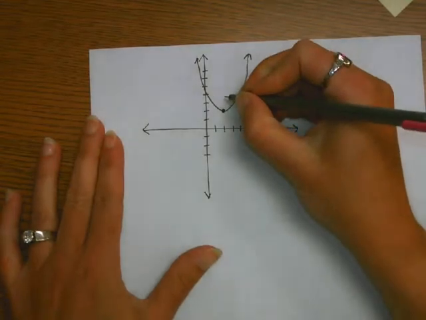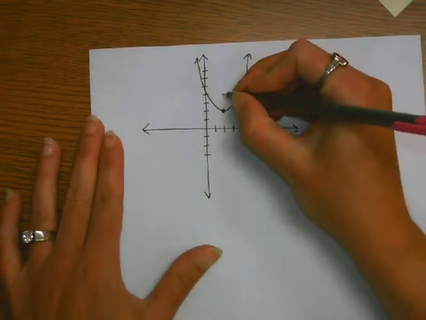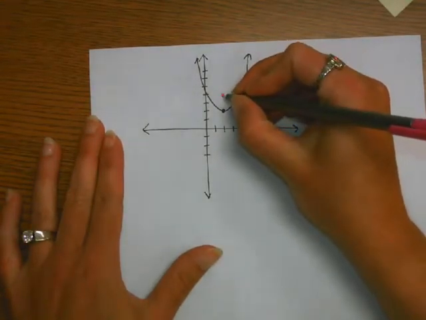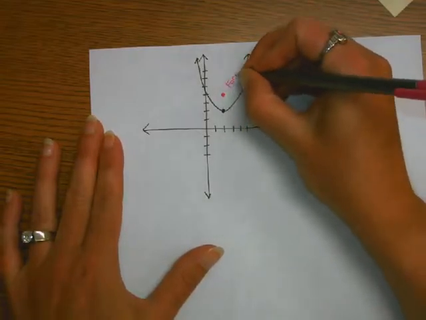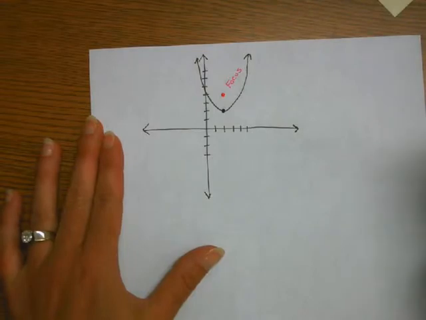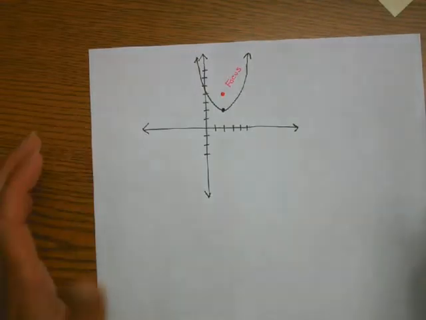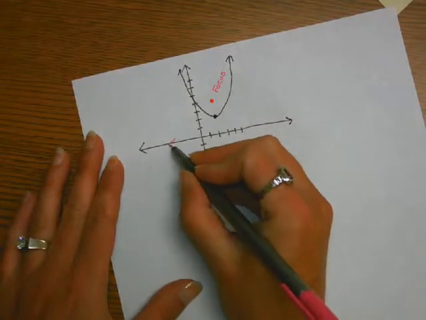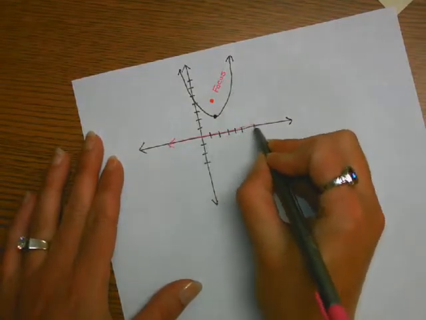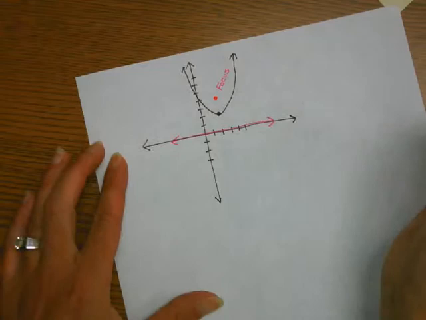Let's say it was here. There's also something called a directrix. In our case, the directrix is right here.